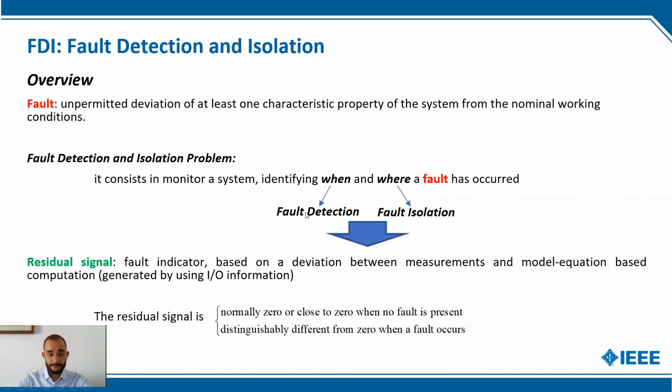We can monitor a system with a proper design of residual signal, that is a fault indicator, and generally the residual is 0 or close to 0 when no fault is present, and different from 0 when a fault occurs.